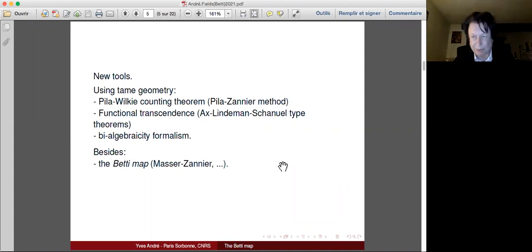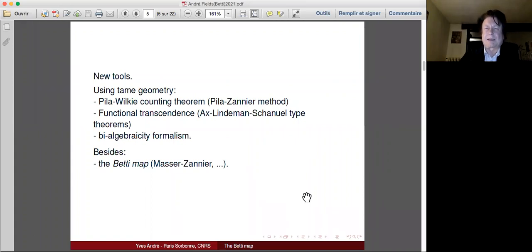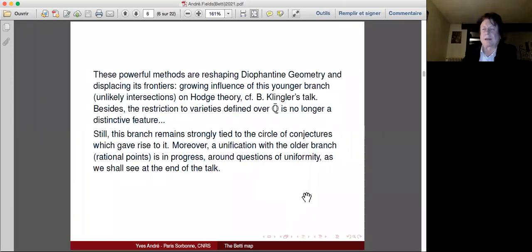It is the Betti map, which was introduced by different people, by Masser and Zannier and other people, and the first systematic study probably occurred in my paper with Corvaja and Zannier, published only last year, so it's recent. But this will be my main topic in this talk.